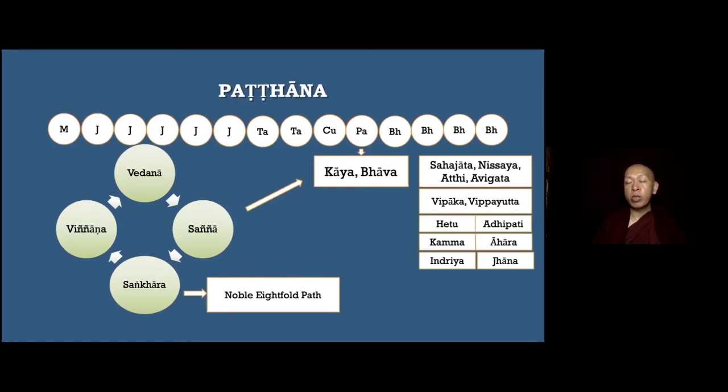Right view can associate with all the wholesome, beautiful consciousness. Not all the wholesome, sorry, all the jhanas and all the supramundane states, also some of the beautiful consciousnesses. But samma sankappa, right thought, can associate with good and bad, both.